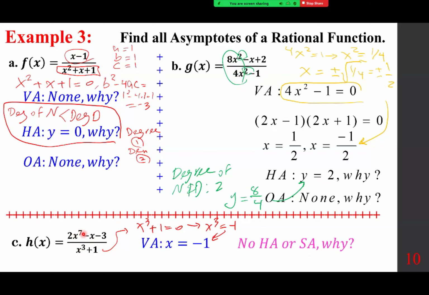The difference is precisely 1, you do long division. But if it's more than 1, we don't have any of those. No horizontal asymptote, no slant asymptote. Again, on purpose, OA, and I put SA, they are identical, okay?